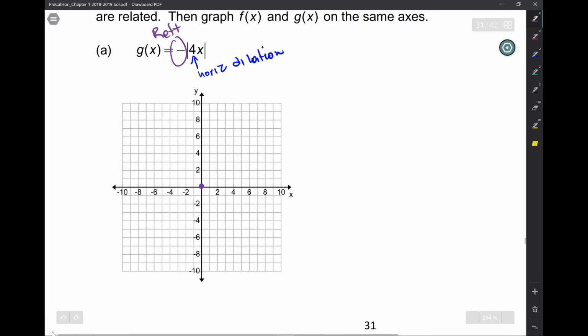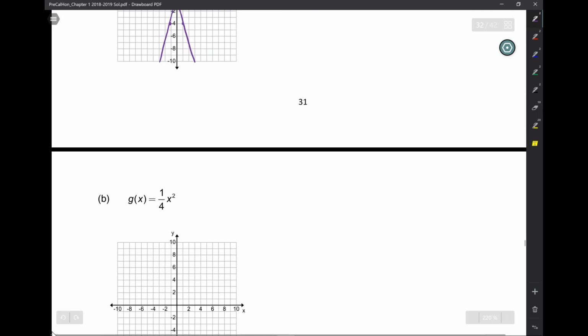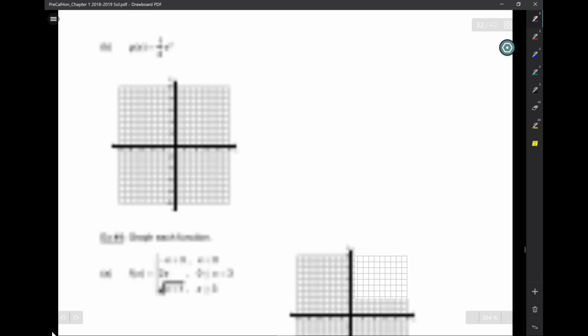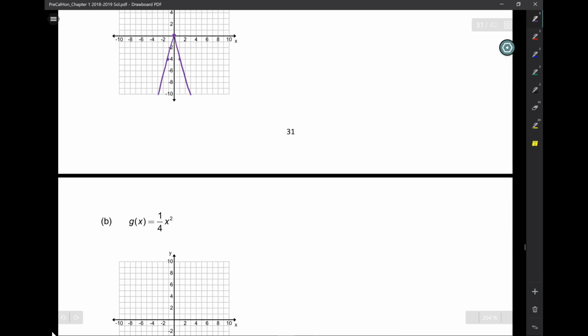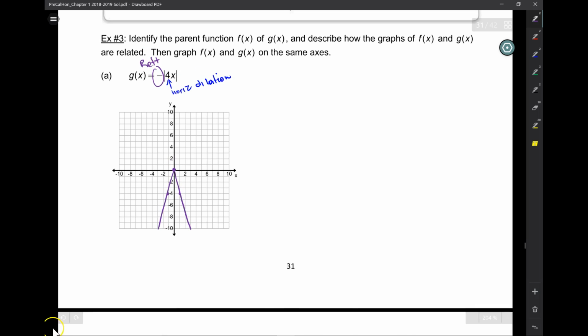If I try to go over 1 space, it multiplies by 4 and then moves me down. Right? So I go down to what? -4. And here, because it's linear, 1 point is good enough. Okay? All right. So go ahead and do this one. I'll give you like a minute to do B. I'll pause this for a minute.